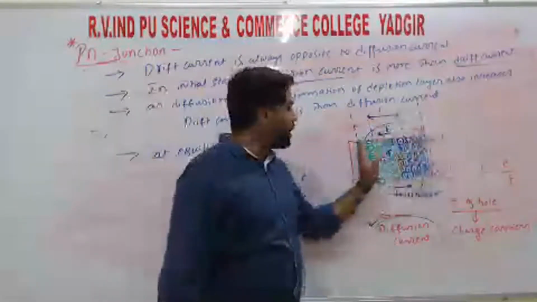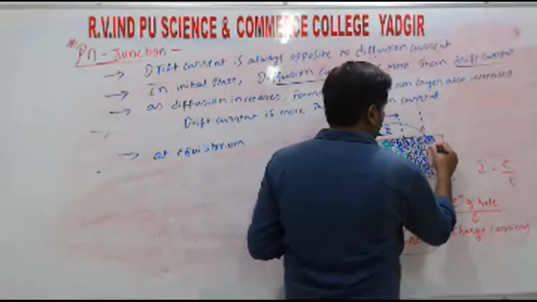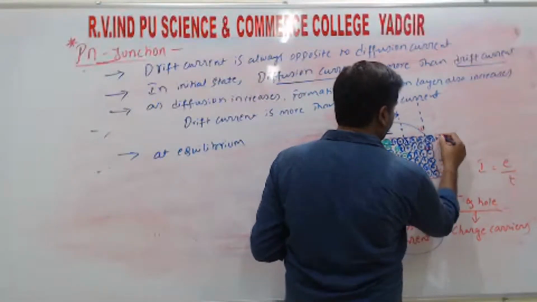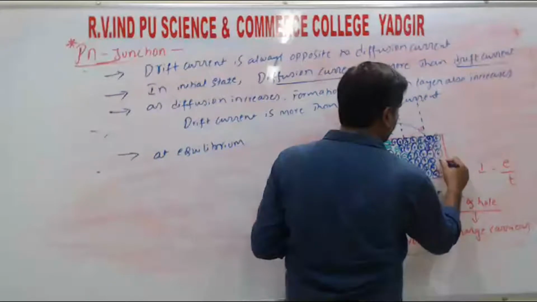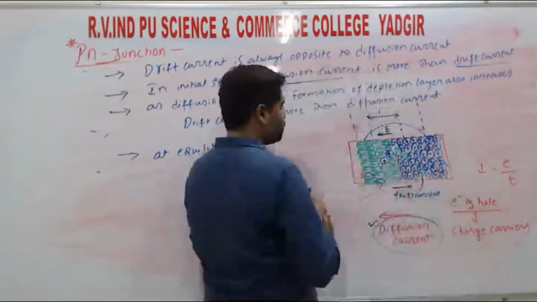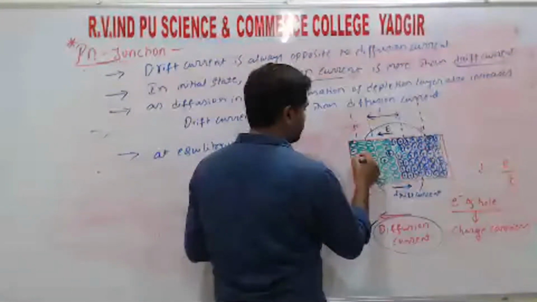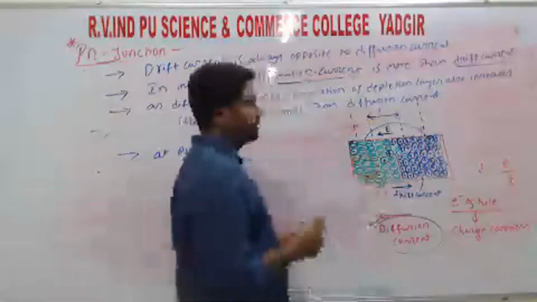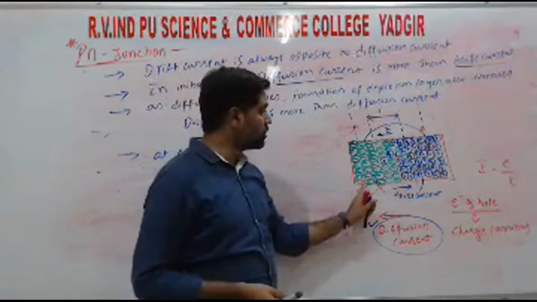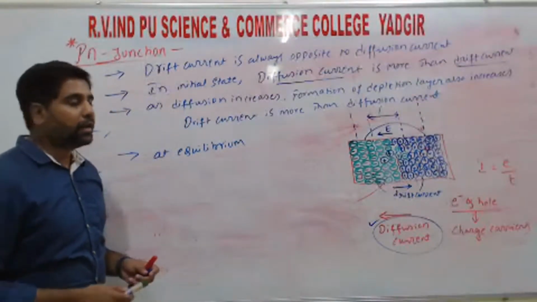So from this, the complete formation of the depletion layer happens. So here we have it like this, right? From this we observe that the diffusion current is equal to the drift current.